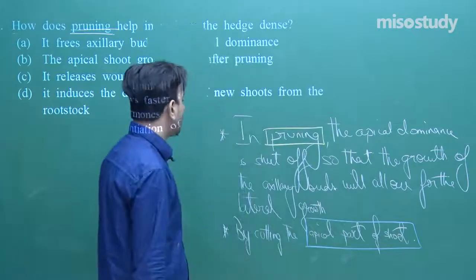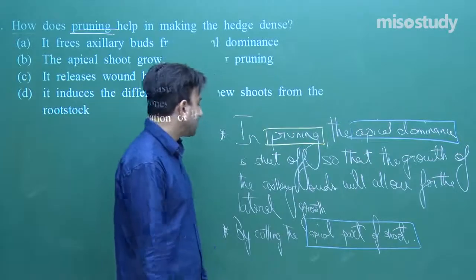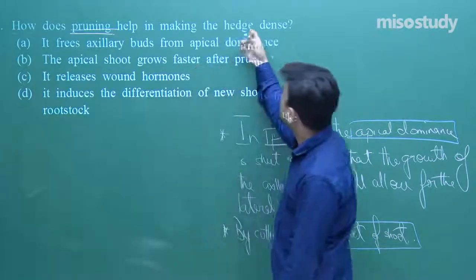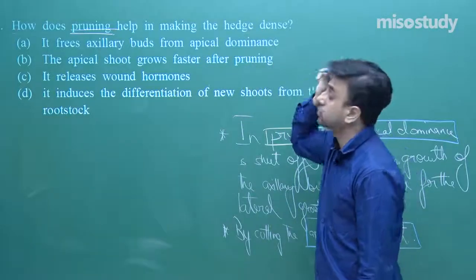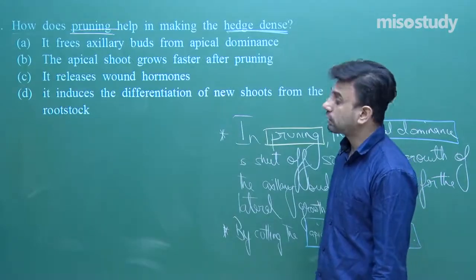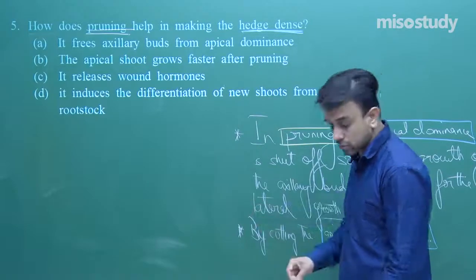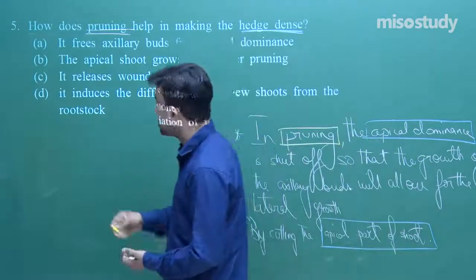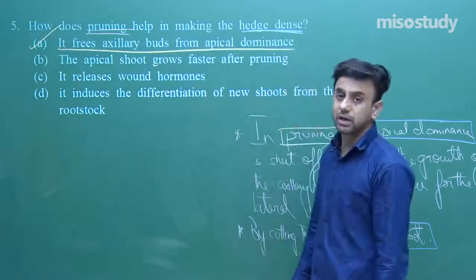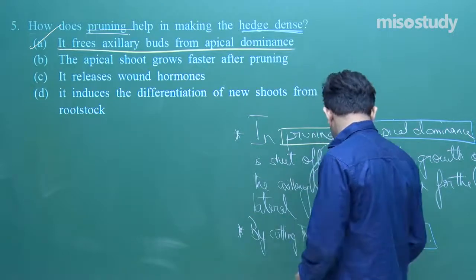So in pruning, the apical dominance is shut off, so that the growth of the axillary buds will allow for the lateral growth, and when there is lateral growth, that will result in dense hedges, right. And so what can be the option for this? It frees the axillary bud from the apical dominance. Yes, absolutely, this is the correct answer for this question.